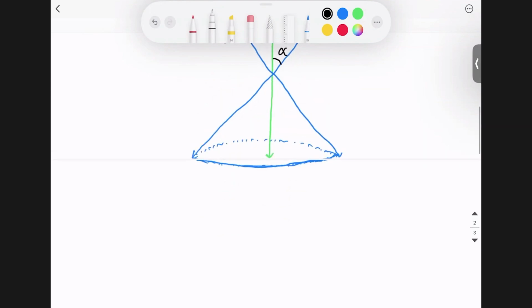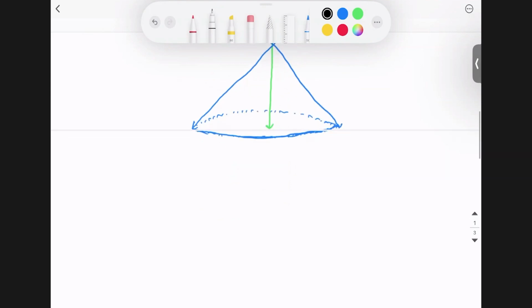So before that, we should understand what a conic section is. So by conic section, what do we mean?